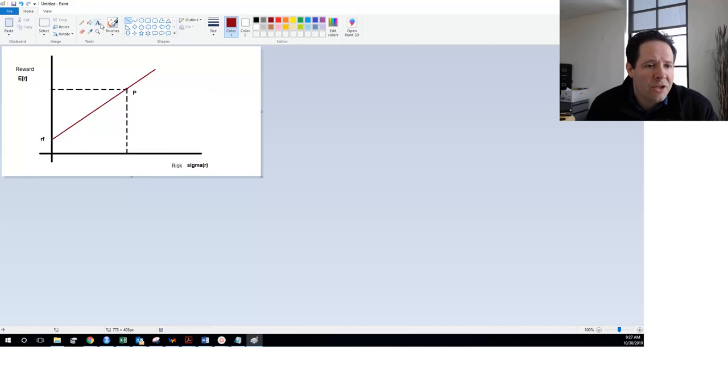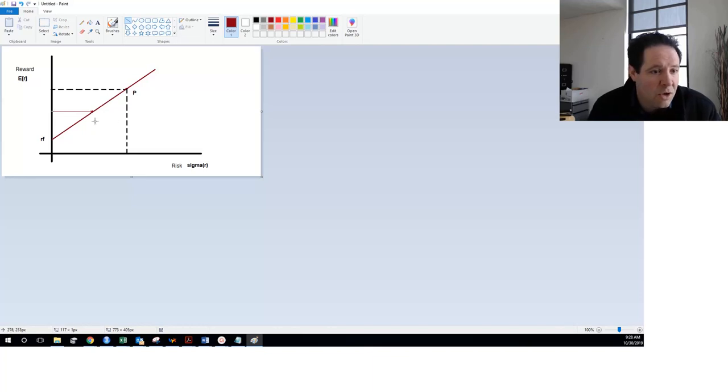The capital allocation line is going to tell us about portfolios. Here, I'm going to grab a brush that has some depth to it. Imagine that we're on that point of the capital allocation line. What is that going to tell us? It's going to tell us what expected return is feasible for that point.